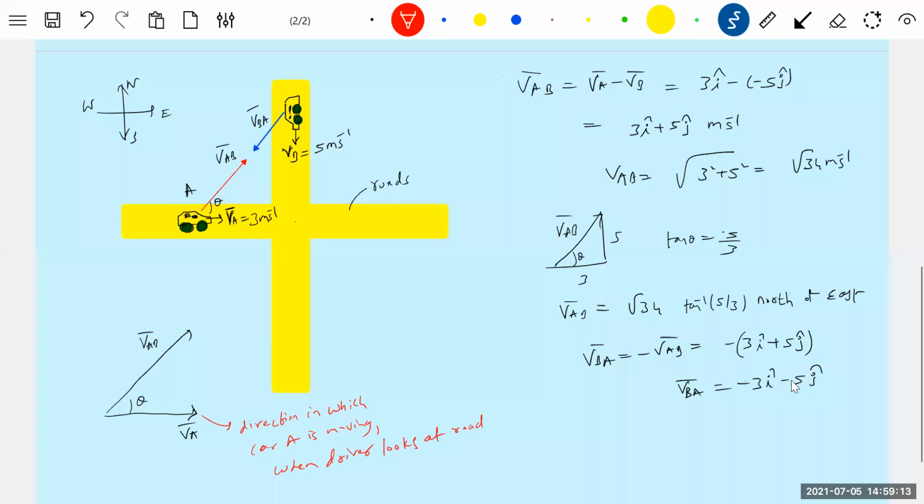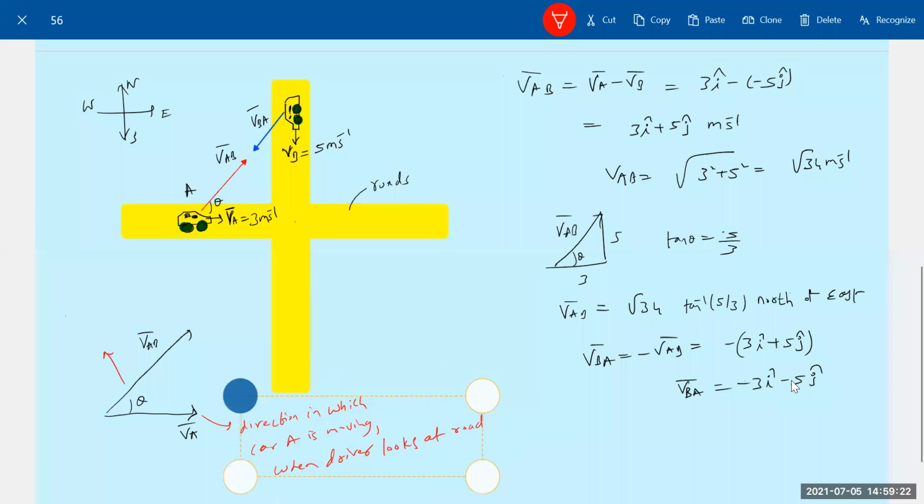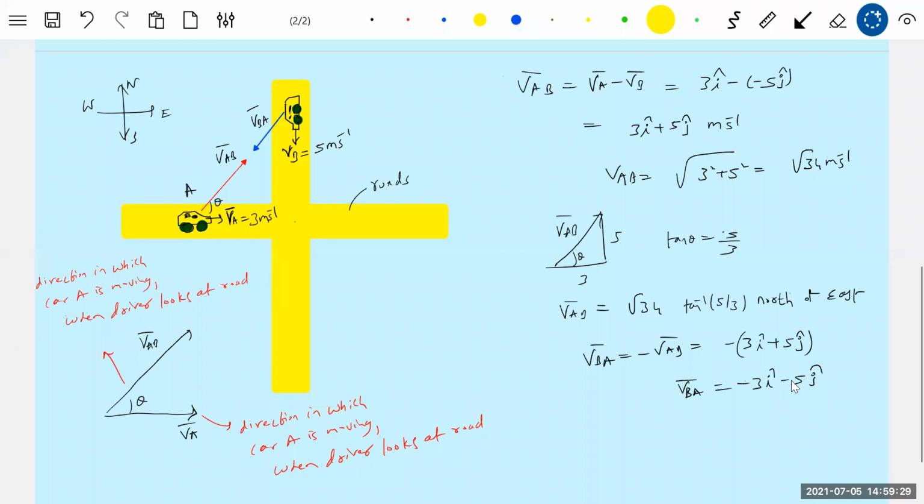When he looks at the road, he feels it's moving. And what about this direction? This part I feel is very important. Understanding has to come up to this level: the direction in which car A is moving when the driver looks at car B.